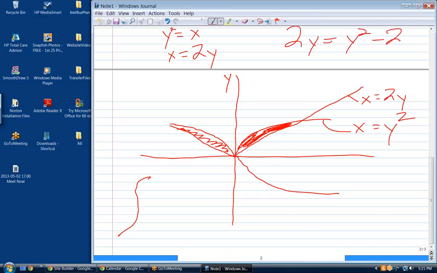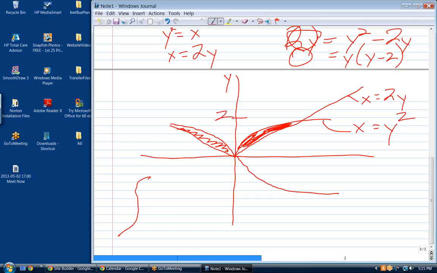So y squared minus 2y equals 0. y times y minus 2 equals 0. Their intersection points are y equals 0, which we can see, and y equals 2. I don't really care where their x intersection point is. I care about the y value, because I'm going to integrate from 0 to 2.